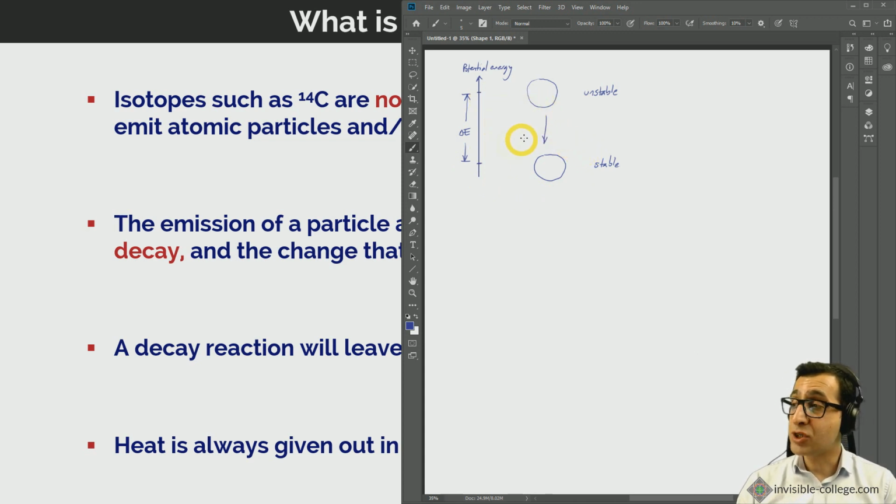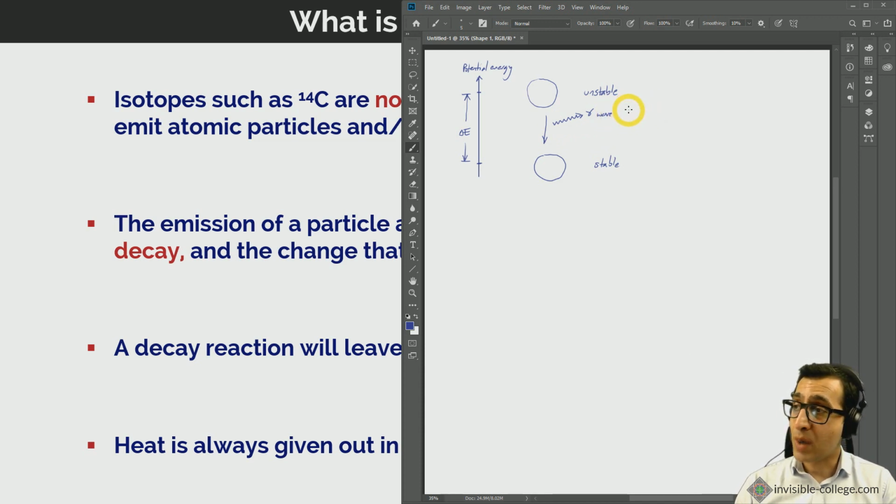And so where is this energy difference gone? Well, the energy difference can either be given off as a wave, so this would be a gamma wave, and a wave transfers energy. Now again, we'll cover waves in a later webinar in this GCSE Physics series, but electromagnetic waves like gamma waves do transfer energy.